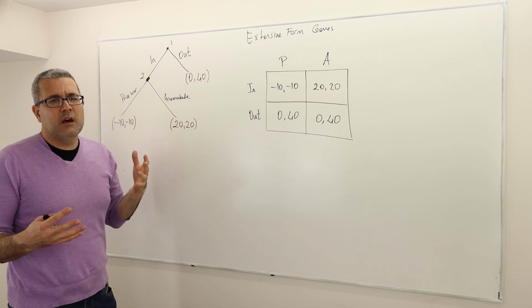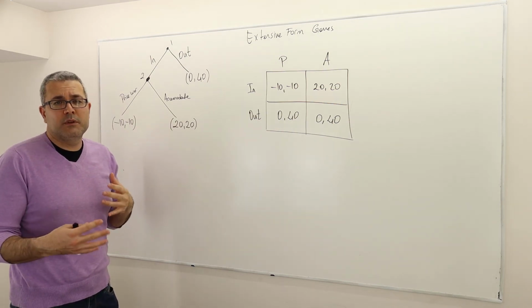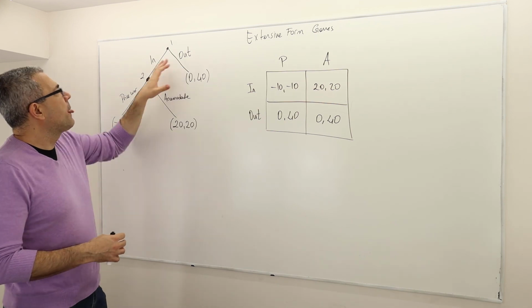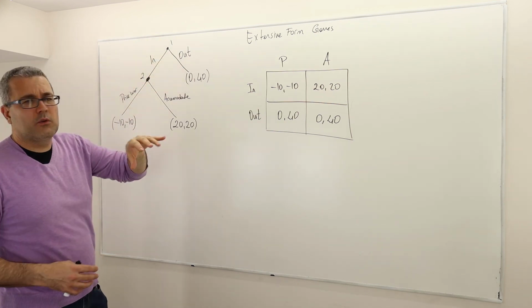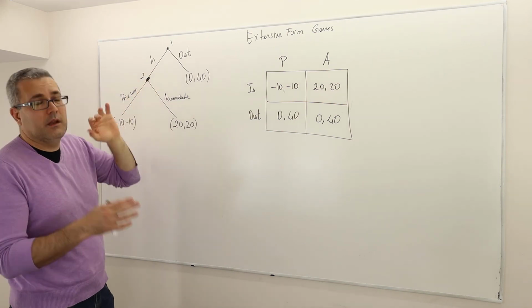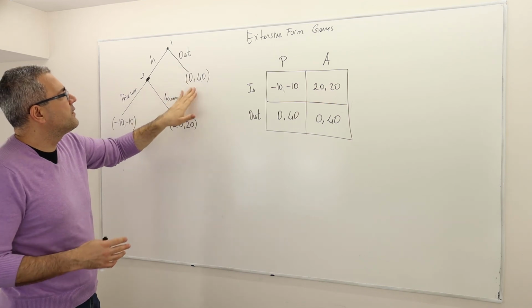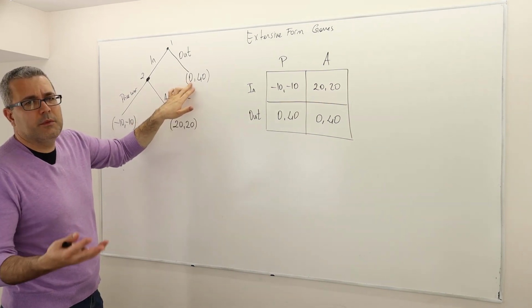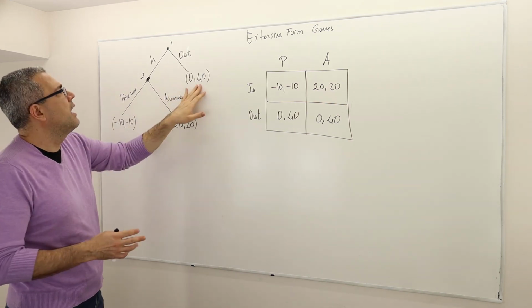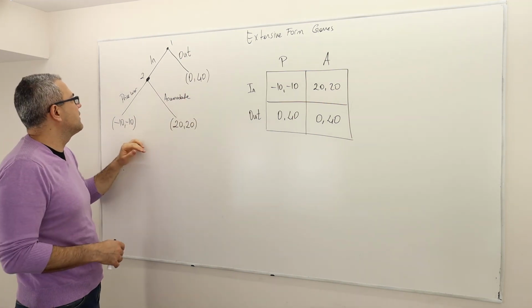Obviously the incumbent firm is a monopolist currently and doesn't want competition. So firm one first decides whether to enter this market or stay out of it. If firm one stays out, its profit is going to be zero from this market, and the second firm will enjoy the monopoly profit of 40, let's say.